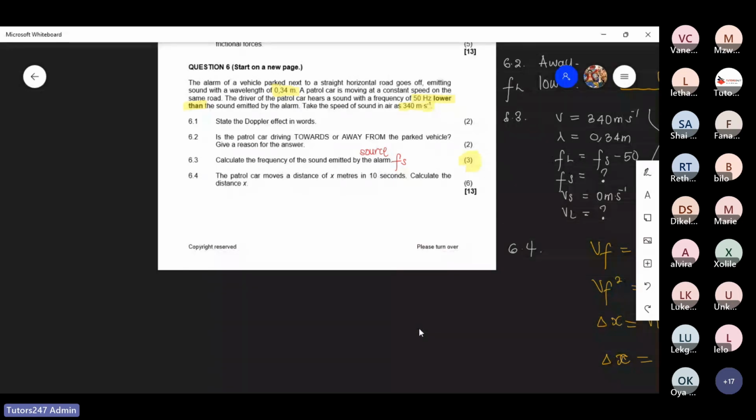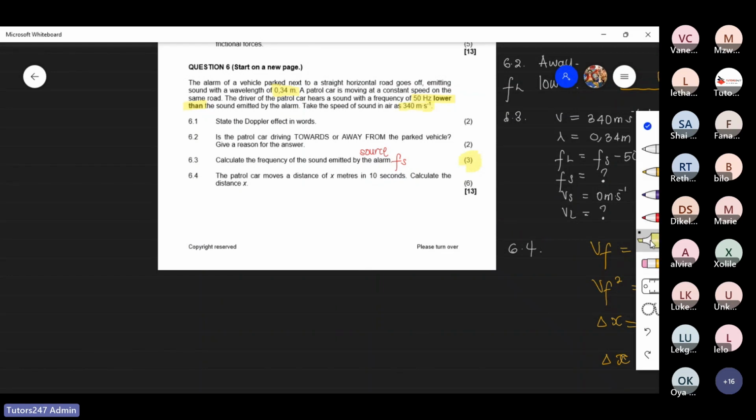A patrol car is moving at a constant speed on the same road. The driver of the patrol car hears a sound with a frequency of 50 hertz lower than the sound emitted by the alarm. Take the speed of sound in air as 340 meters per second.